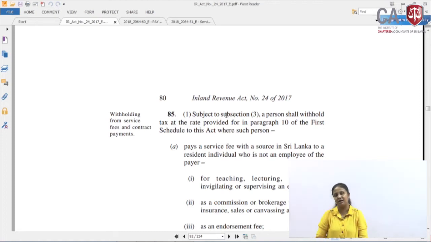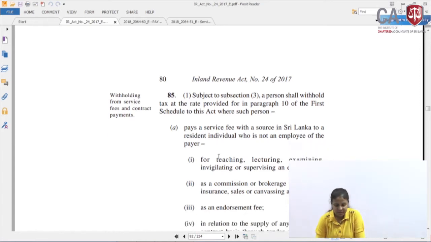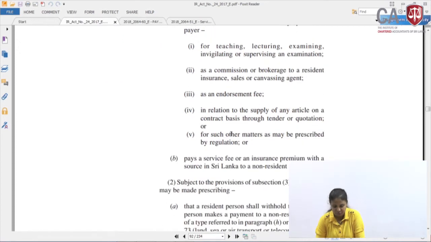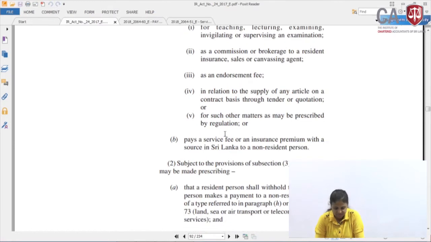That is where you should look at what is the applicable tax rate. Clear? Then when it comes to our case, this is for resident individuals. It's not applicable for us since we are in the discussion of non-resident taxation.